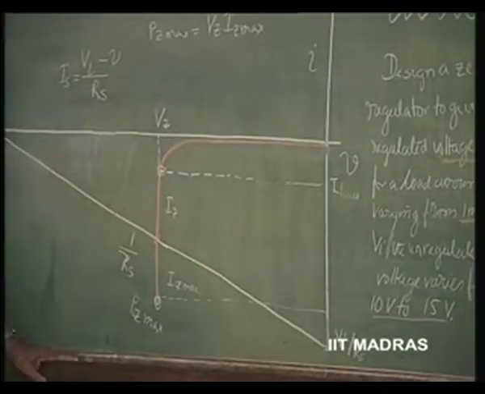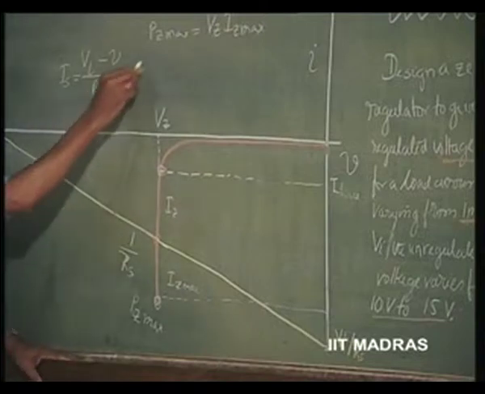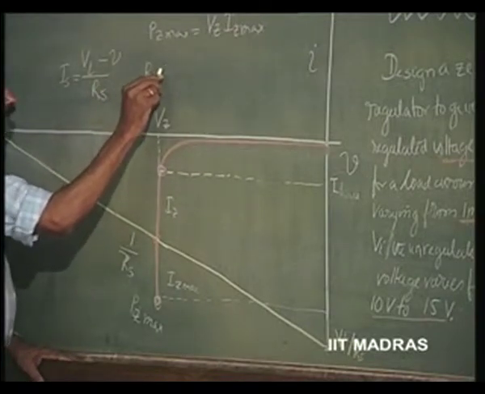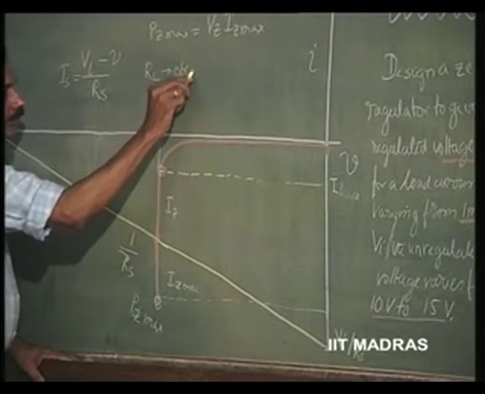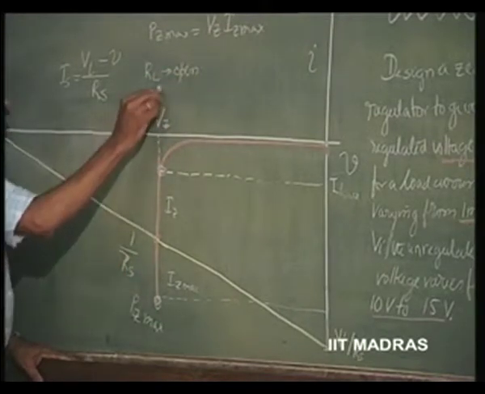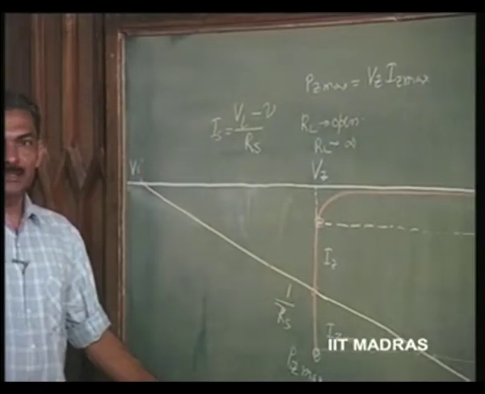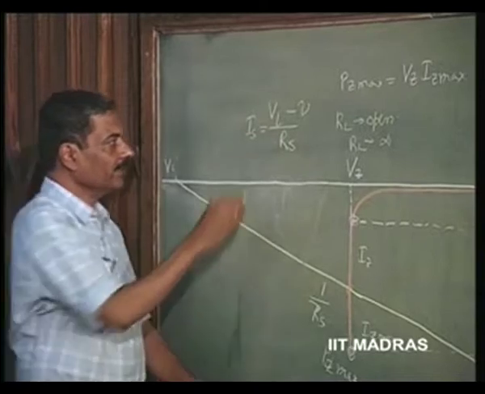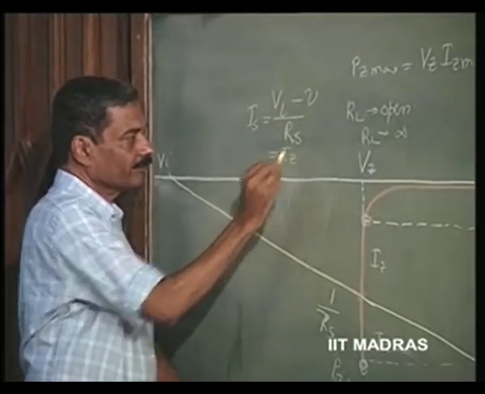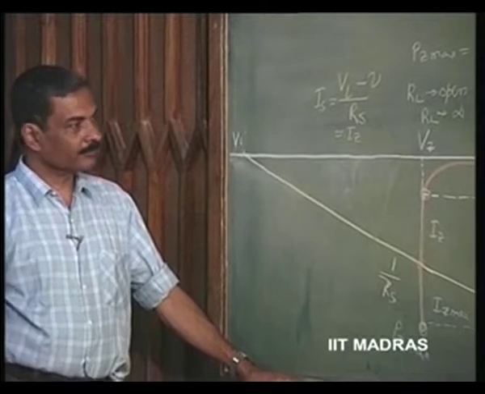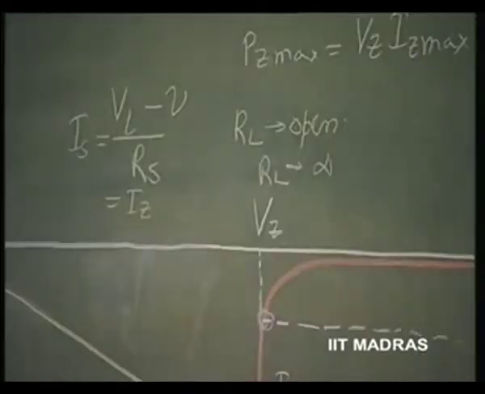If the load resistance RL is open circuit, that is RL value is infinity, then I can say that Is is same as Iz. That situation, it is simple Zener diode circuit, VI, Rs and a Zener. It is not complicated, and the Zener current is same as Is.